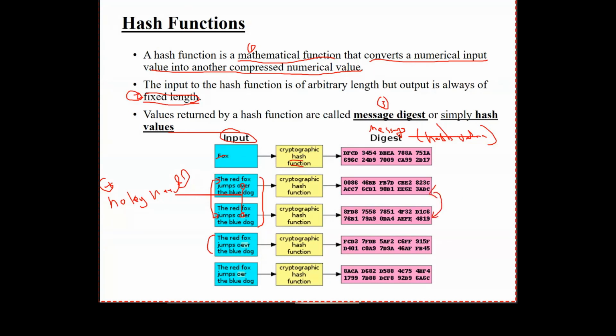And the same thing here: if you delete one letter, B is deleted from here, the total output hash value for both of them will be totally different. Any small change in the message will change everything.